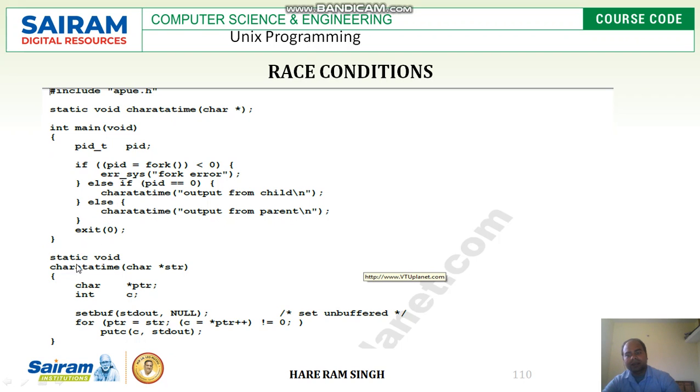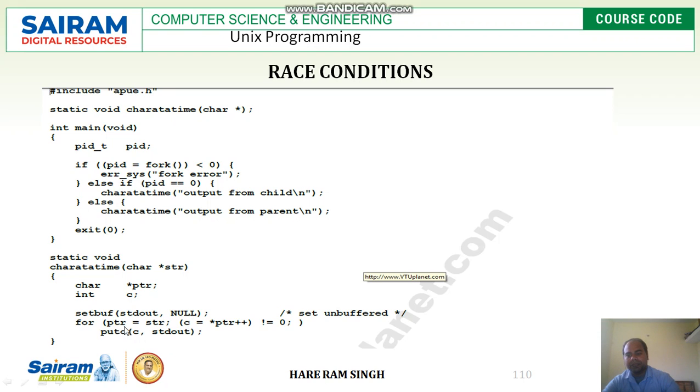Now we write the defined function for this prototype: charatatime(char *str). It is defined here because we are sending one parameter, that is a string. Now char *ptr, one pointer we have defined, and integer c. setbuf(stdout, NULL): we make the standard output unbuffered, meaning we are clearing the output buffer.